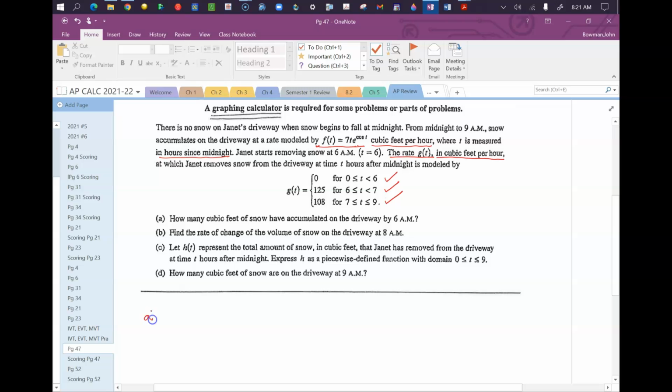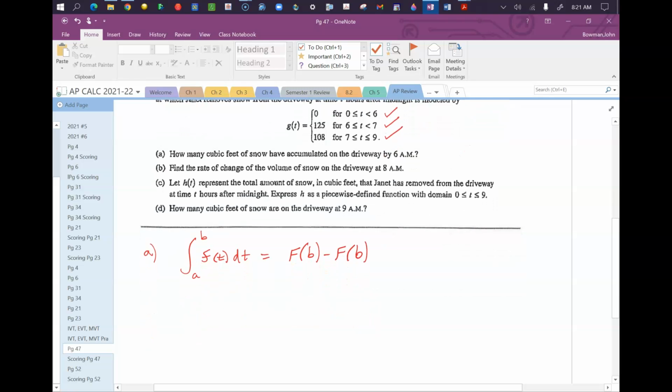So essentially, since she hasn't started shoveling snow at that point, we're going to integrate from time a to time b the rate function at which snow is falling, f of t dt, and we're going to get F of b minus F of a, basically the fundamental theorem here.